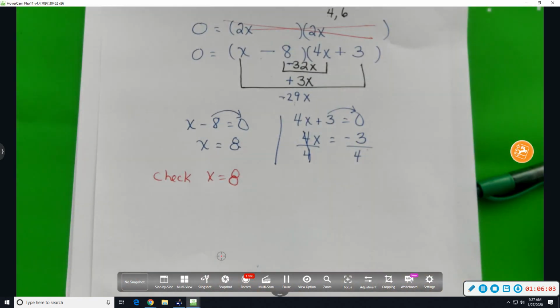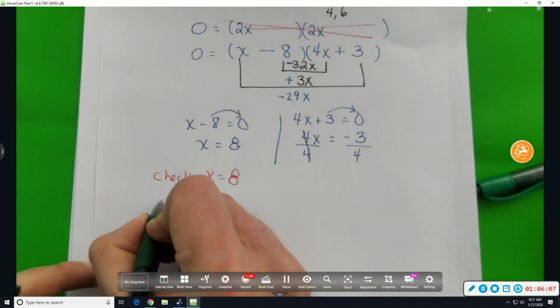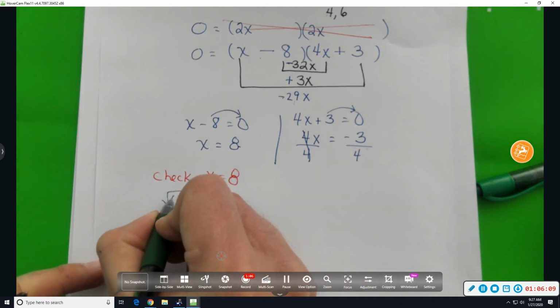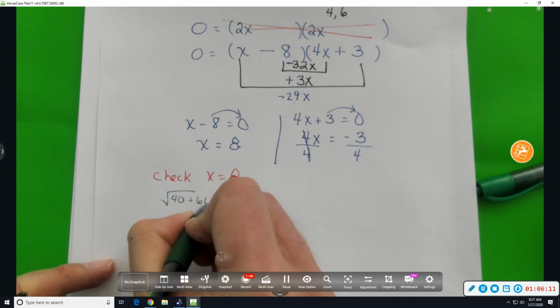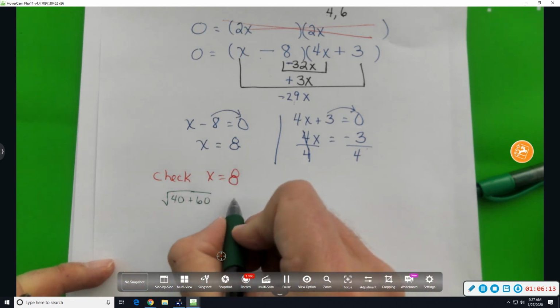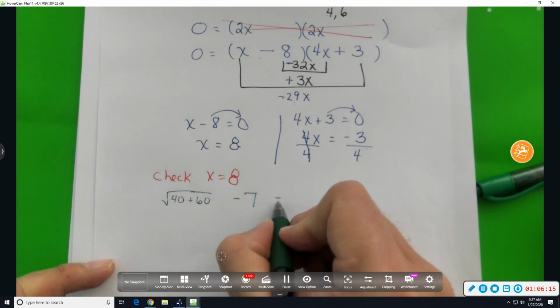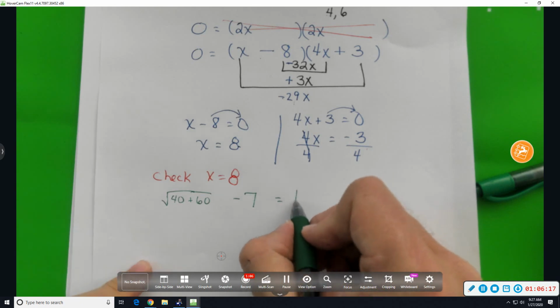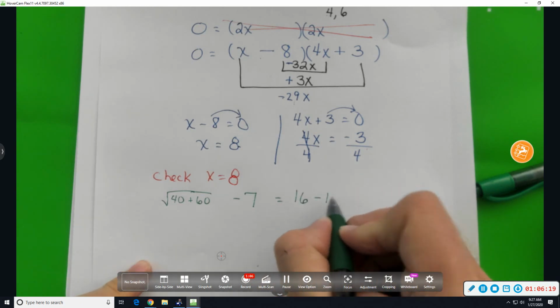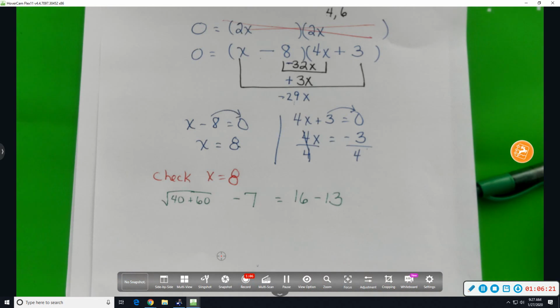So that 5 times 8, that would be the 40, plus 60, then there's the minus 7, equals 2 times 8, 16, minus 13.